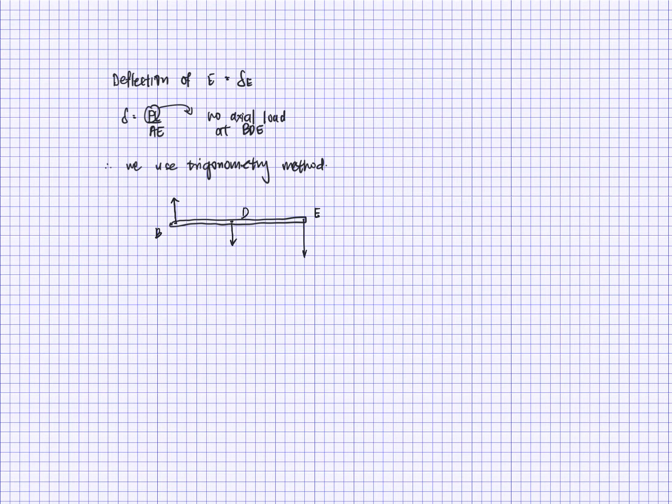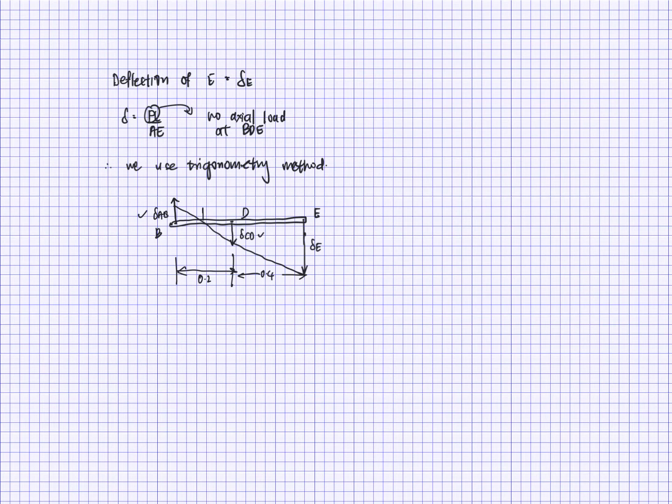So we have three lines here and we need to join the lines so that we can apply the trigonometry method. The labels here are delta AB, delta CD and delta E. We already have delta AB and delta CD. We are going to find delta E. So the distances here are 0.2 and 0.4.